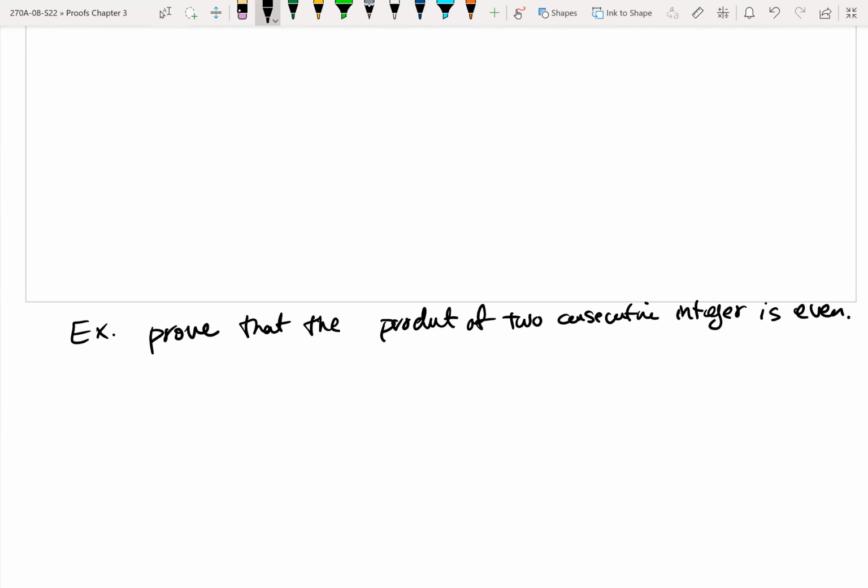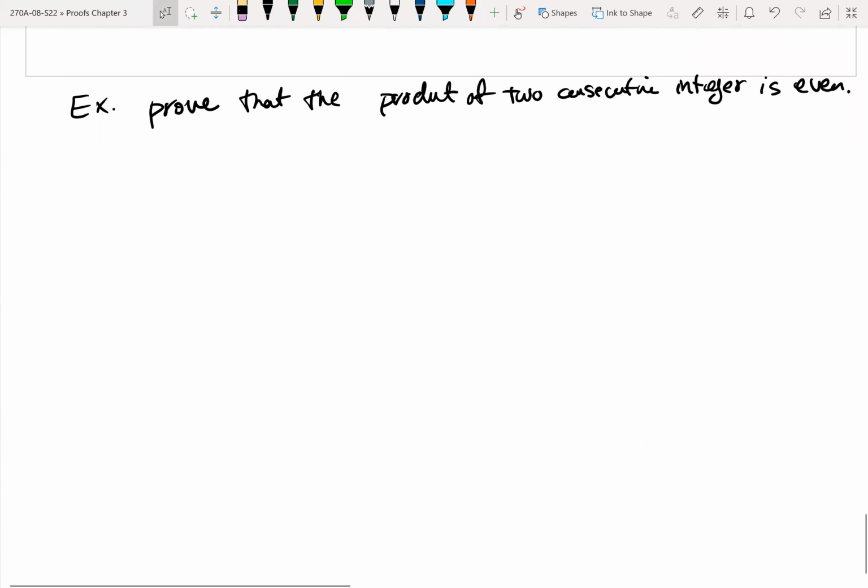Do you agree? Product of two consecutive integers is always an even number. Do you agree with this statement? For example, 1 times 2, 2 times 3, 3 times 4, 4 times 5, 5 times 6.